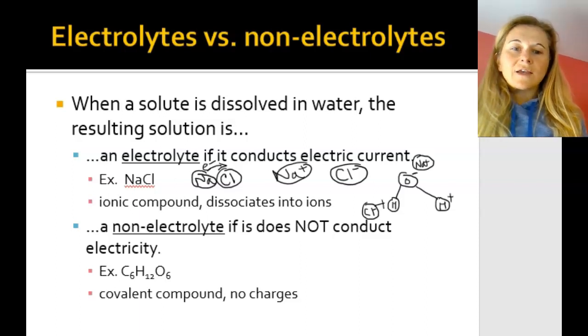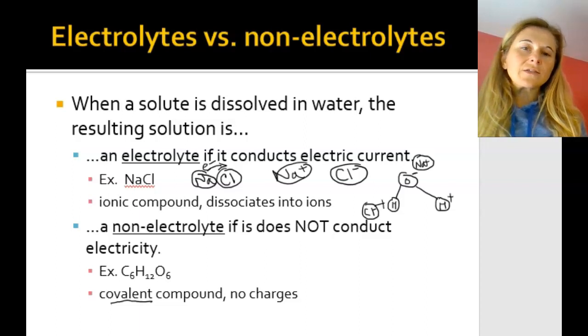Non-electrolytes do not conduct electricity, and that's going to happen with covalent compounds. So here we have sugar, C6H12O6, glucose, and covalent compounds are not going to break down into ions because they don't have ions, right? These guys are all non-metal, so they're sharing very nicely. There's no transfer of electrons.